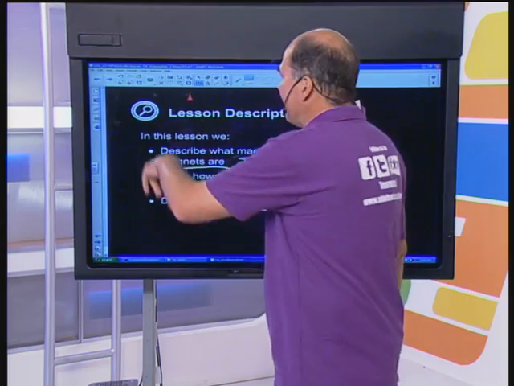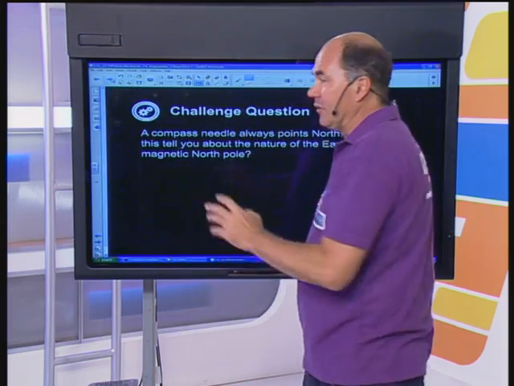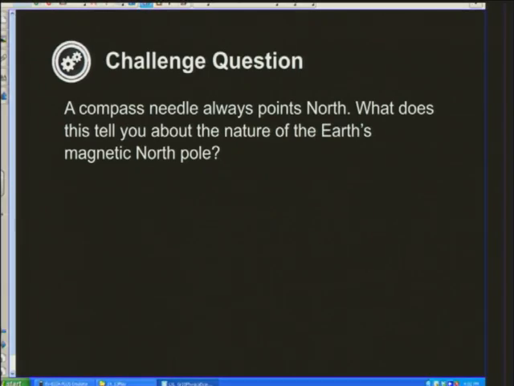And here's another interesting question that I want you to think about. This is not geography, but it's kind of a bit of a spin on geography. So, a compass needle, which is in fact a little magnet, always points to what we call north. What does this tell you about the nature of the Earth's magnetic north pole? Okay, so think about it.